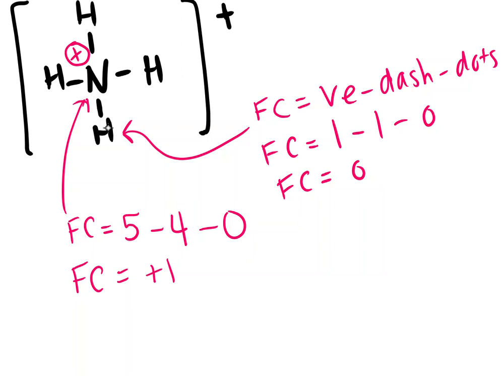If you think about it, all of these hydrogens are going to have formal charges of 0, because all of these hydrogens have the same number of valence electrons, the same number of dashes, and the same number of dots. So the only atom that has a formal charge is nitrogen, and it's positive 1. This polyatomic ion overall has a positive 1 charge, and that's not a coincidence that it works out that way.